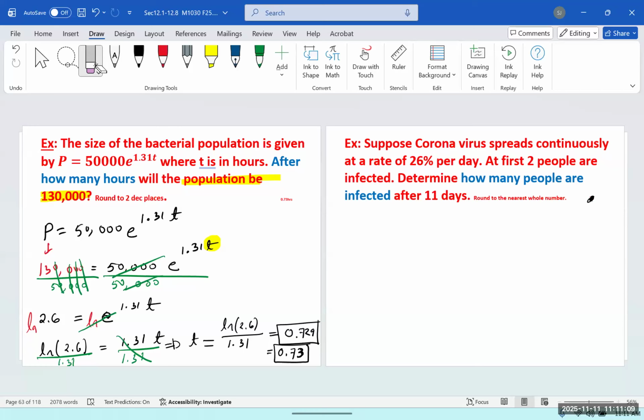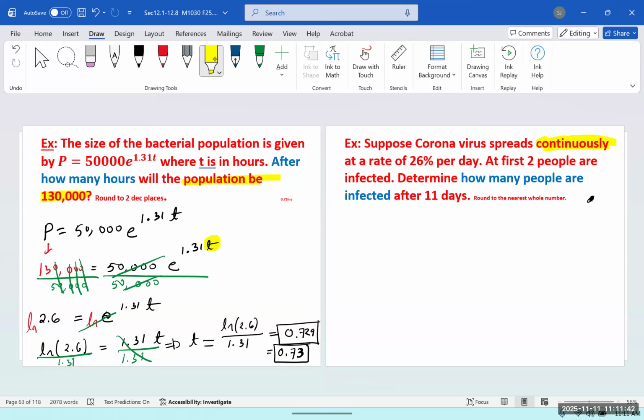Okay, the next one with the coronavirus. Suppose coronavirus spread continuously, which is true. It spread continuously, not annually, at a rate of 26% per day, and this is from actual data.